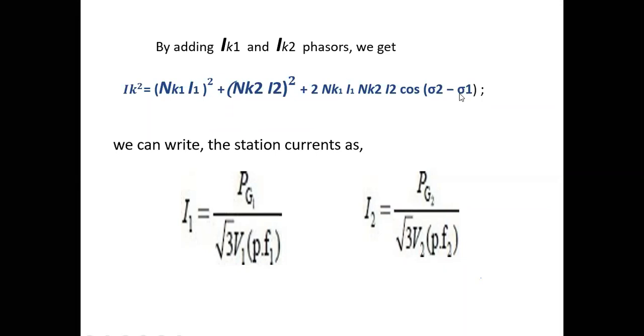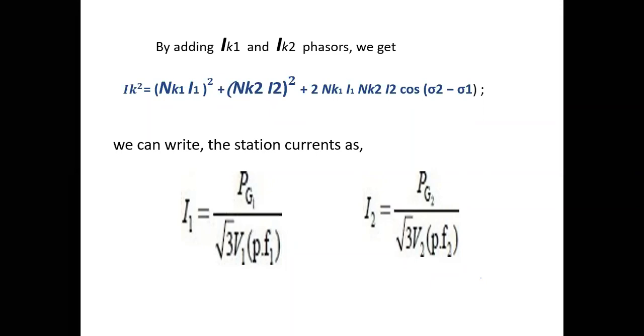So when you apply the parallelogram law from our fundamentals, we can write IK square equals NK1 I1 whole square plus NK2 I2 whole square plus 2 into NK1 I1 into NK2 I2 cos of the phasor difference between I1 and I2, which is given by sigma 2 minus sigma 1. So this is the total current from the parallelogram law.